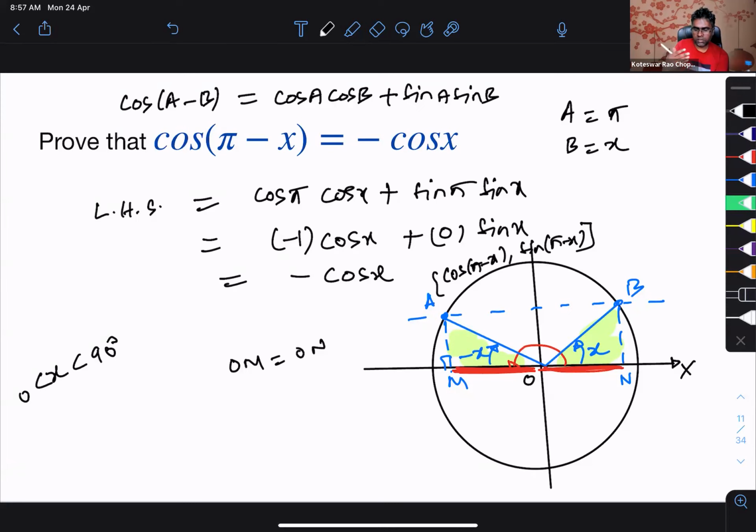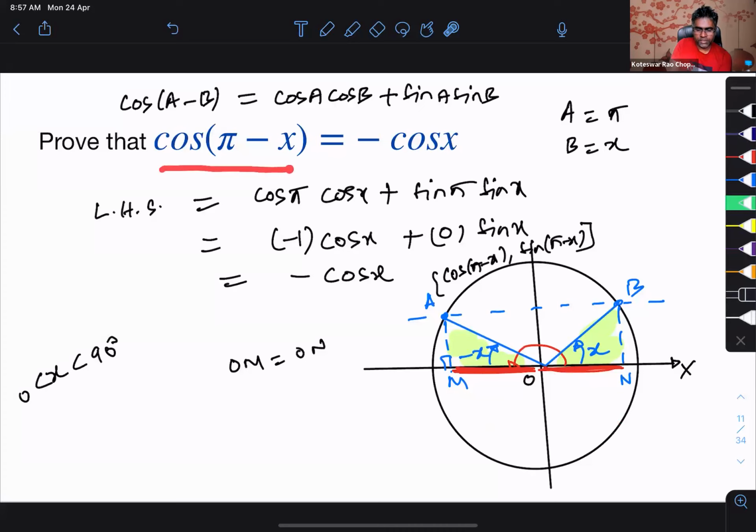But if x is more than 90, you might end in the first quadrant, or the third or fourth quadrant. But it doesn't matter. You can verify this, that you'll always get the same result.